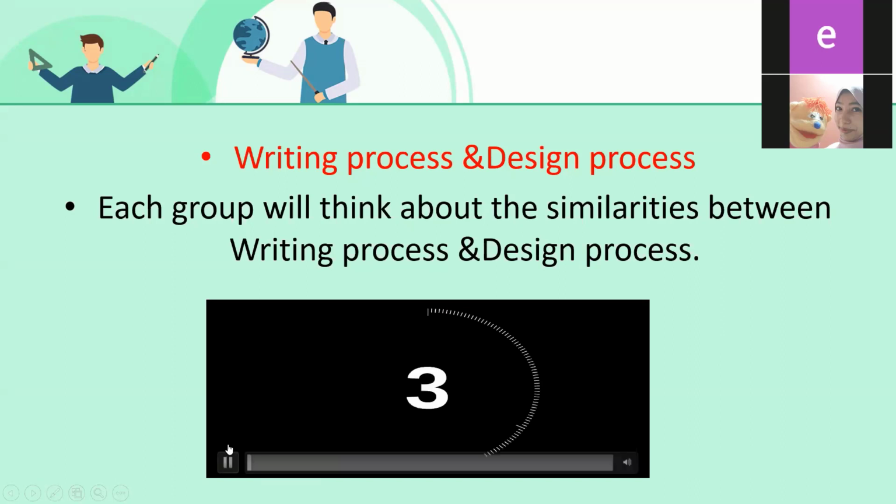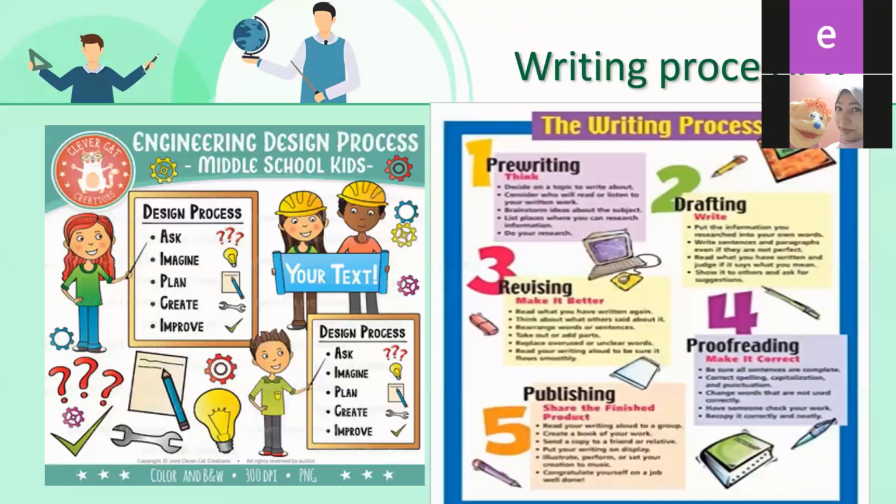In writing, we revise the draft, and in designing it's something like revising the prototype, but maybe checking it or testing it. And the final thing, in writing we edit the writing piece, and in designing we improve the prototype after testing it.